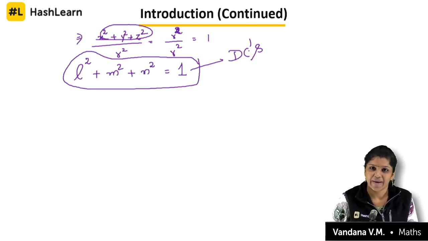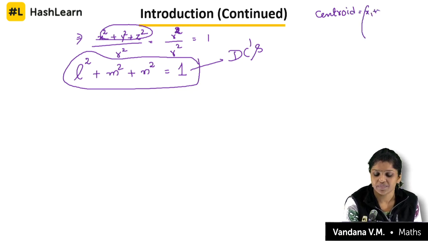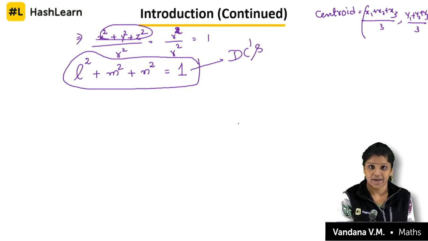Yes. Now we know the centroid. The simple basic concept: in two-dimensional geometry, what is the centroid formula? Centroid is x1 plus x2 plus x3 by 3, y1 plus y2 plus y3 by 3. When it is in two dimensions, it is just the extension.